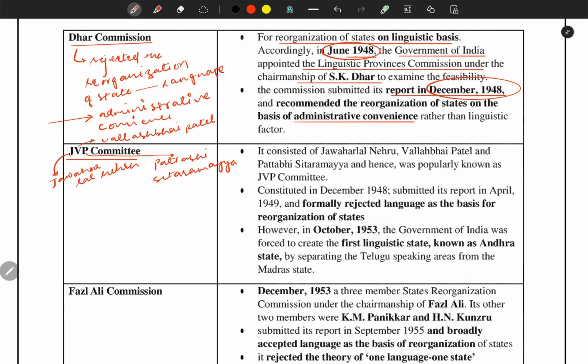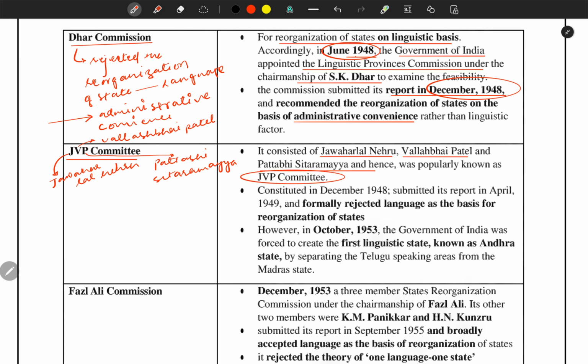So after the failure of the commission, the JVP Committee was formed. JVP consisted of three letters, J, V, and P. J means Jawaharlal Nehru, V means Vallabhbhai Patel, and P means Pattabhi Sitaramayya. So it is also mentioned over here that it consisted of Jawaharlal Nehru, Vallabhbhai Patel, and Pattabhi Sitaramayya, and hence was popularly known as the JVP Committee.